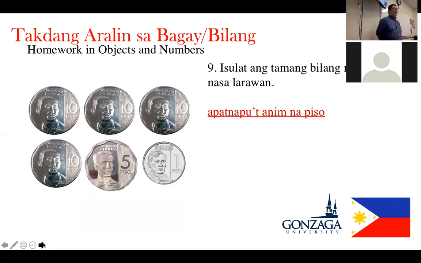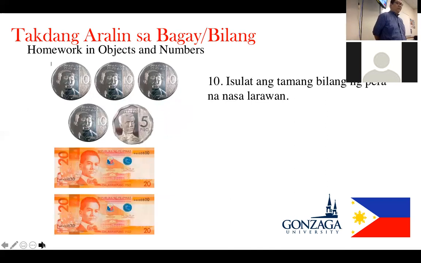Okay, either is acceptable. 40 at 6 na piso or 46 na piso. And Piper, number 10. Isulat ang tamang pera na nasa larawan. 85 piso. Okay, correct answer is 85 piso. Others answered 85 piso and I have to mark it wrong. Okay, so it should be 85 piso.